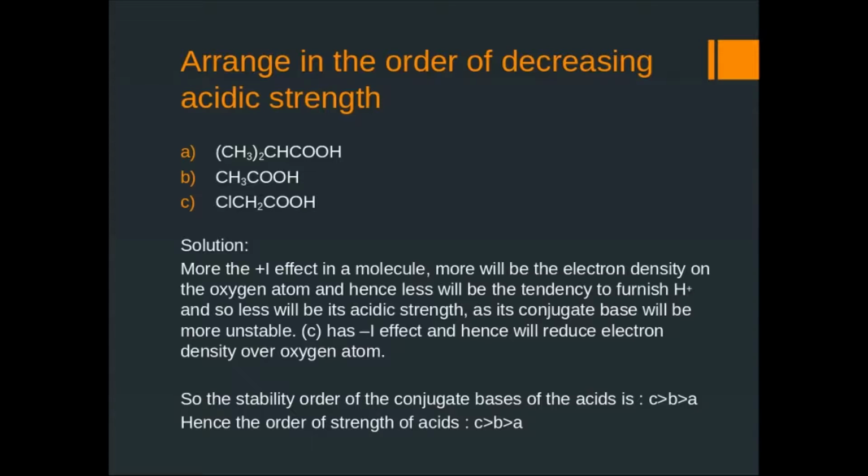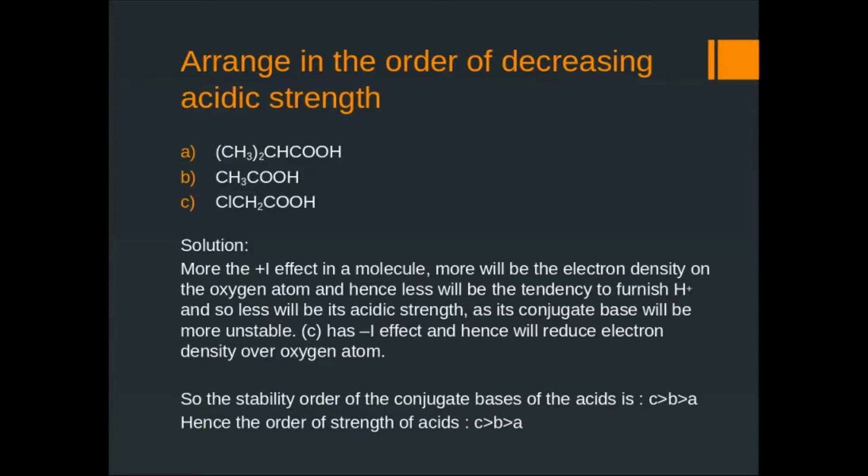Next comes, in this order, acetic acid. In acetic acid there is a CH3 group before the carbon of COOH. Here the CH3 group provides a plus I effect, which increases the negative charge density over oxygen.